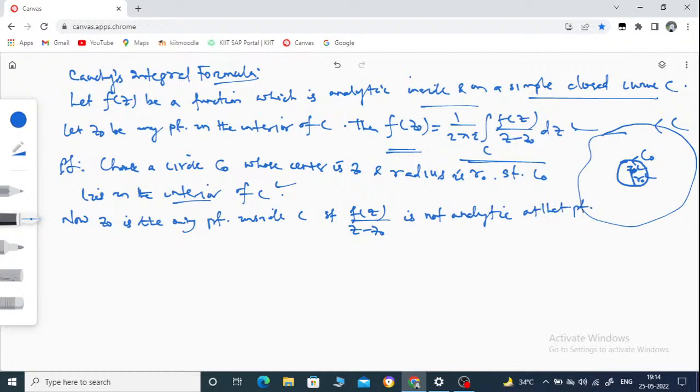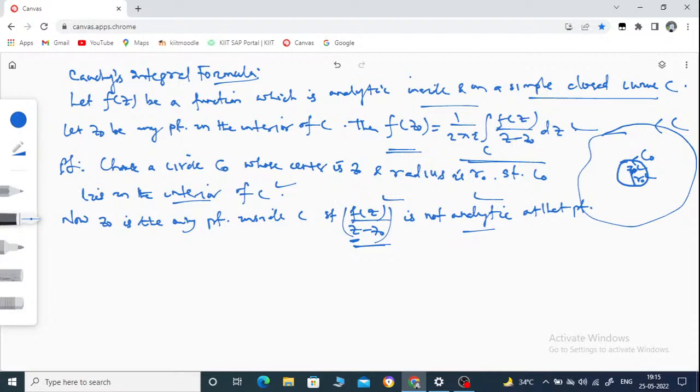Because if you put z naught in place of z, then z naught minus z naught will be 0. This will be f of z divided by 0, which is not defined. So not defined means it is not continuous. Similarly, it is not differentiable. Similarly, we can say this is not analytic, because at z naught the function f of z divided by z minus z naught is not defined.